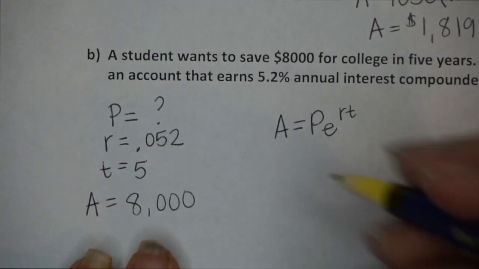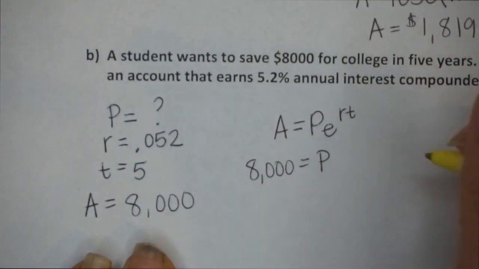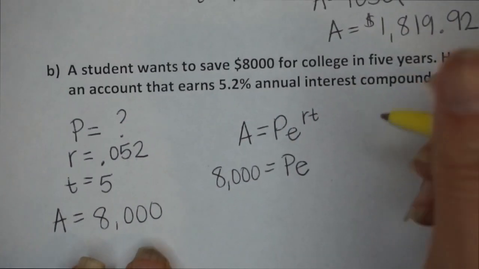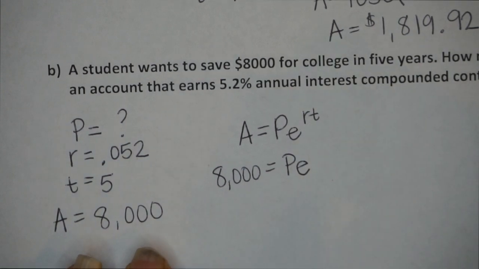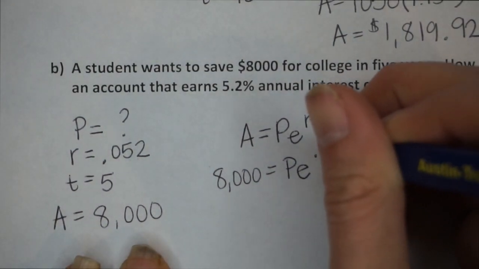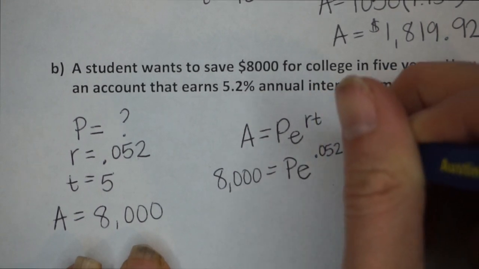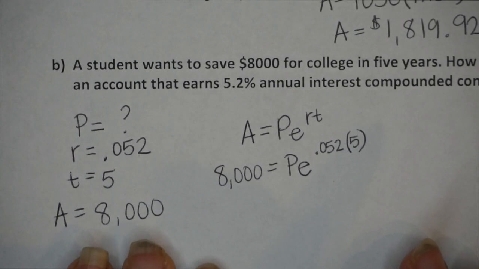We know that A is 8,000. We don't know the P, so just leave that alone. E is the constant, which we know is about 2.7, kind of like pi. It doesn't end. R is 0.052, and we're going to multiply that times time, which is 5.